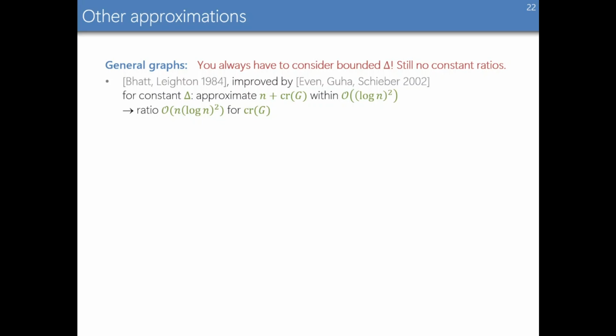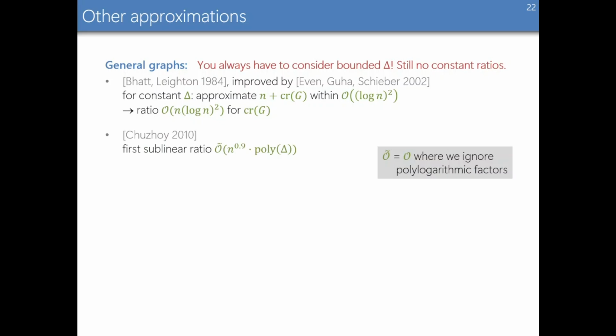Can we do better than that? Well, 15 years ago, Julia showed an algorithm that was the first sublinear approximation algorithm. It's n to the 0.9 times some polynomial in delta, and it's not the typical O notation, it's O tilde, which means we ignore all polylogarithmic functions in n.